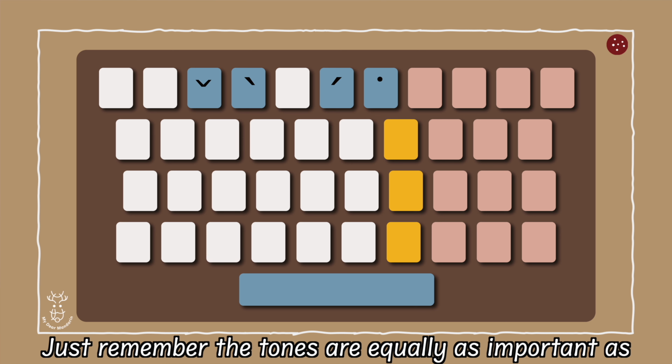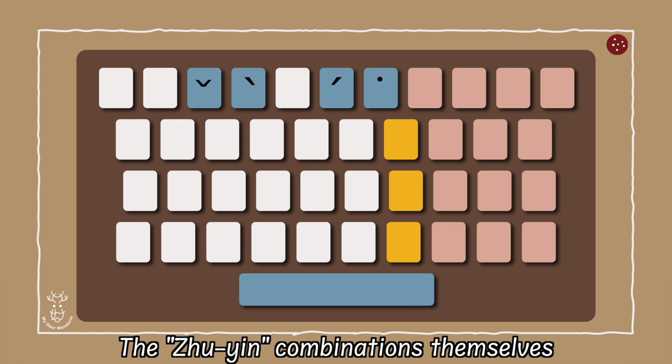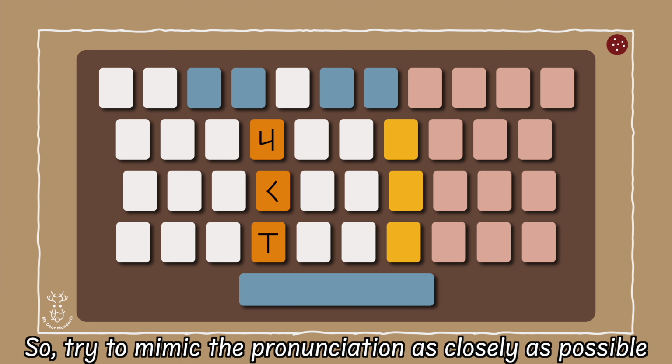Just remember the tones are equally as important as the Zhu-yin combinations themselves, so try to mimic the pronunciation as closely as possible. Ge, u, gu, ke, a, ka, he, an, han.